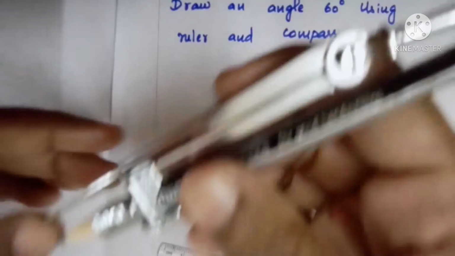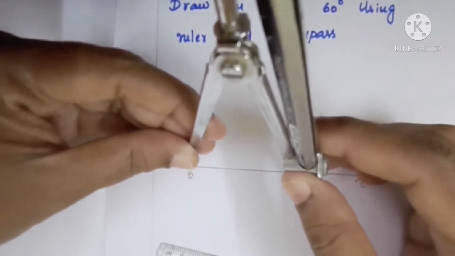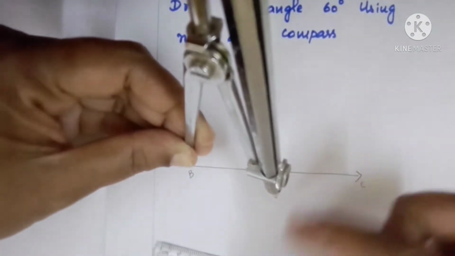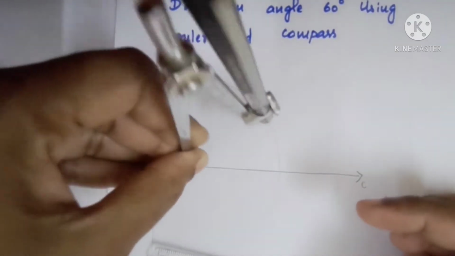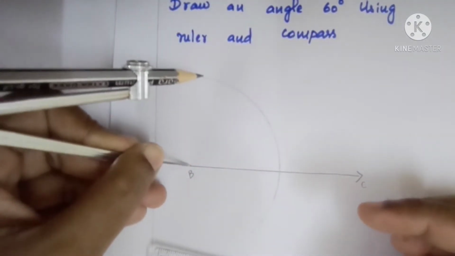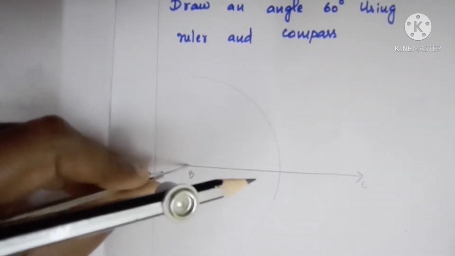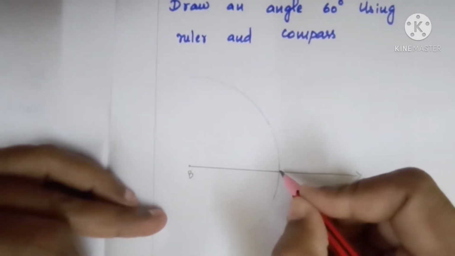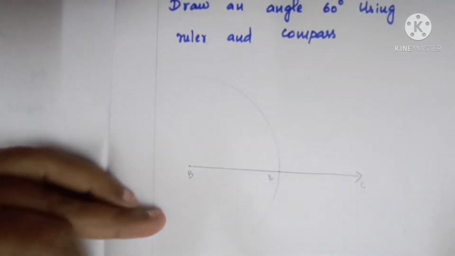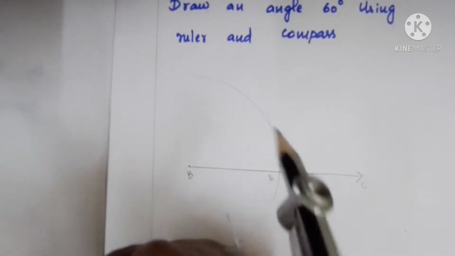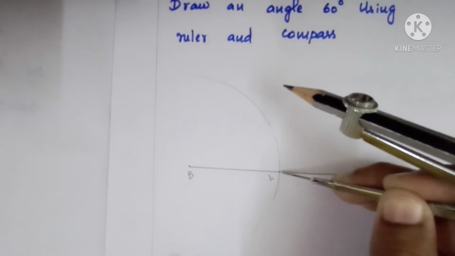Now take your compass. With B as center, with any radius, draw an arc. It cut the ray BC at E. And with E as center, with the same radius, draw an arc.